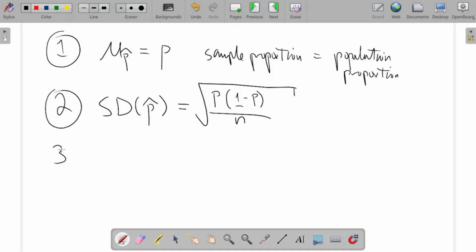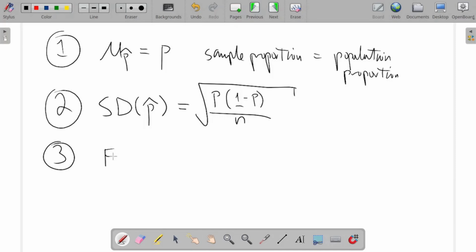Point number three takes the place of point number four that we saw on mean values. How do I know that my sample is large enough such that it follows a normal distribution? And we use what's called the 10-10 rule.